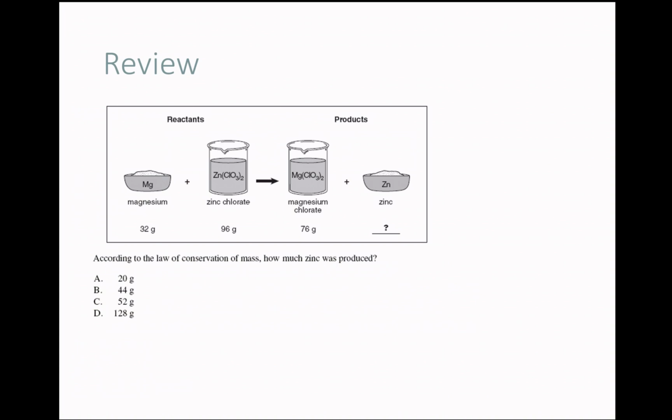If you were accounting for the weight, you took 32 grams of magnesium, and this is when you put a metal in, basically zinc chloride, another ionic compound, and you're going to get a little switcheroo. What's going to happen is the magnesium and the zinc are going to change places. So if this was all accounted for, right, you had 32 grams of magnesium, 96 zinc chlorate, you're probably thinking, well, I've got my reactants, and I've got my products, right?